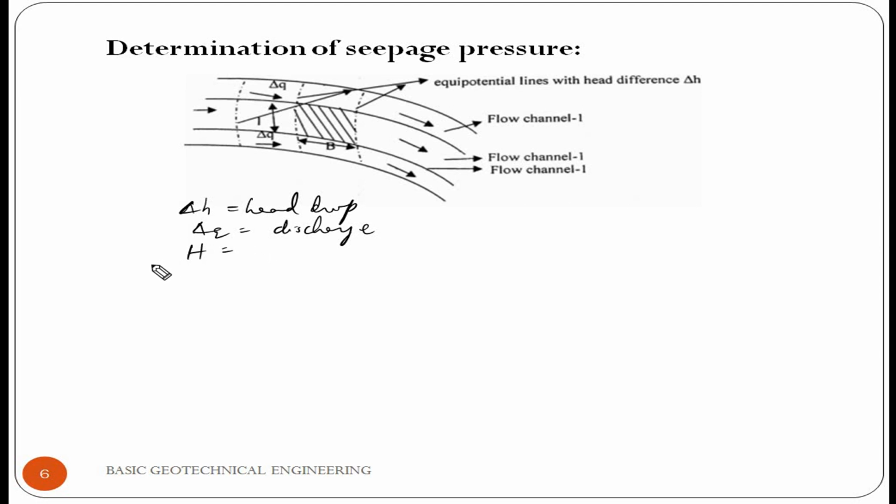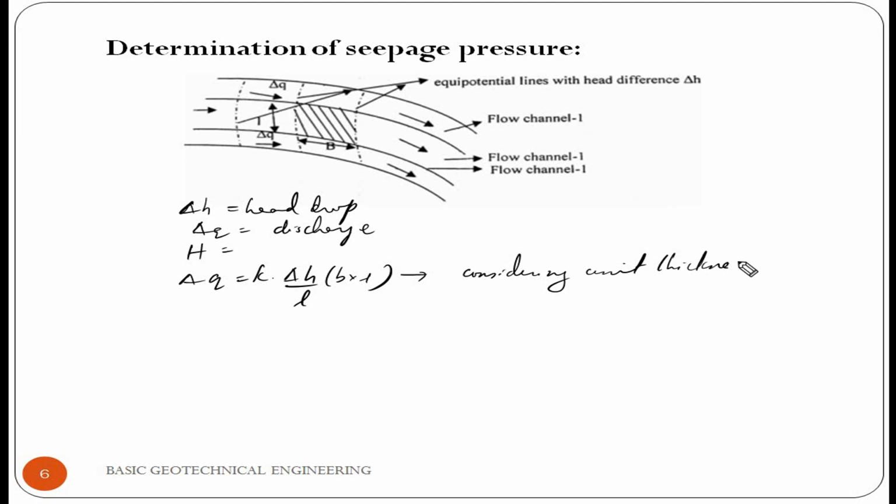So, according to Darcy's law of flow through soils, delta Q is equal to K into delta H divided by L into b into 1, considering unit thickness, so b into 1 is the cross sectional area of the field considering 1 meter length perpendicular to paper.